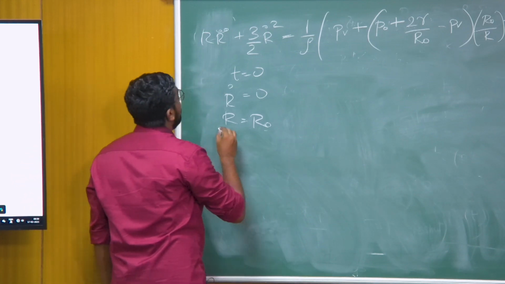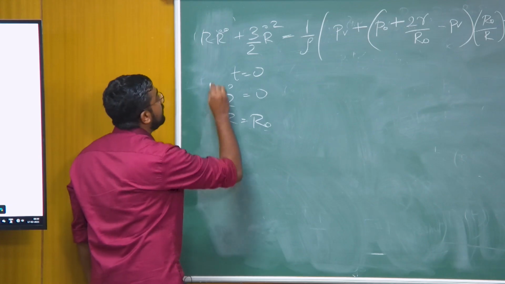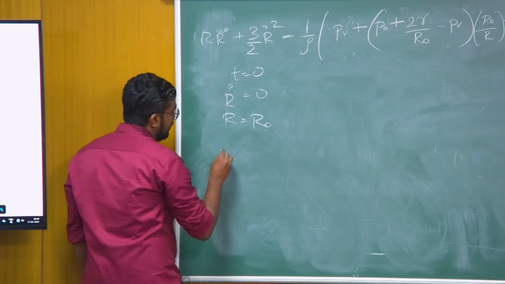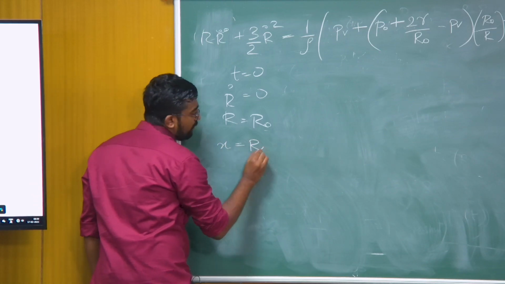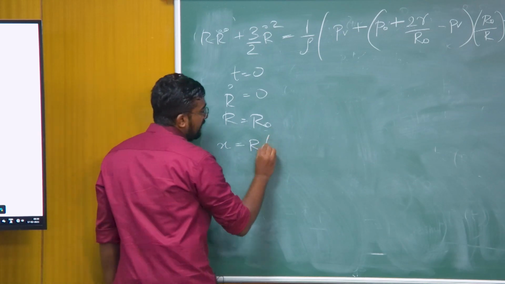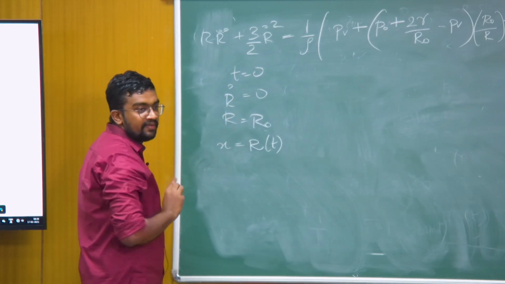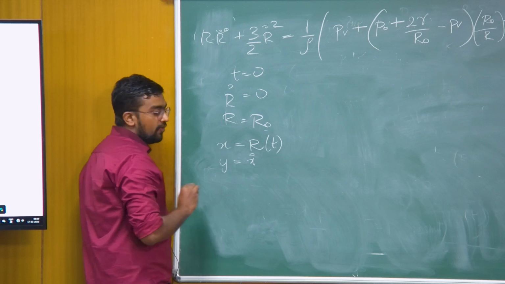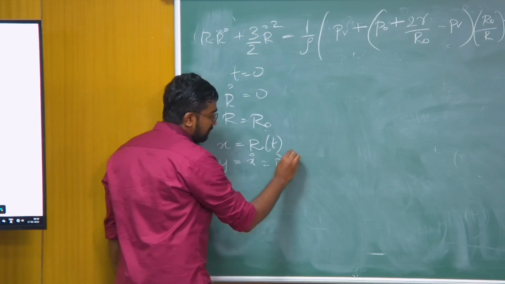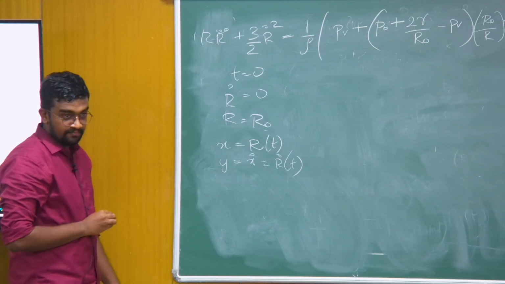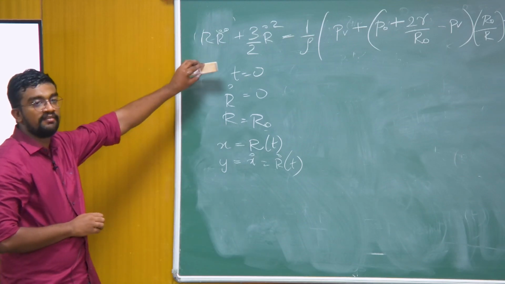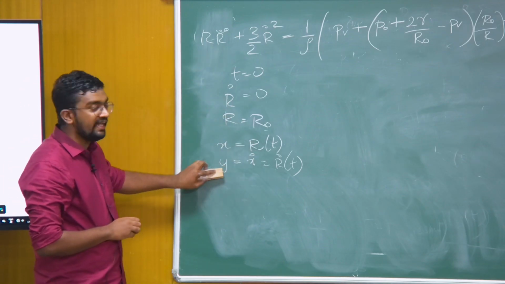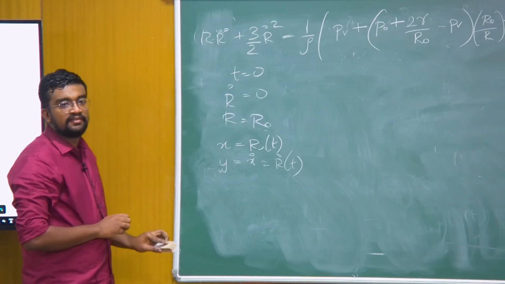So, to split this into two normal ODEs, what we can do is we will substitute, suppose x is equal to capital R. We should know that R is always a function of time, capital R, and y is equal to x dot or y is equal to R dot. Both are same. Now, you substitute this here and let me know what you get, which means you are substituting R dot as y and R as x.